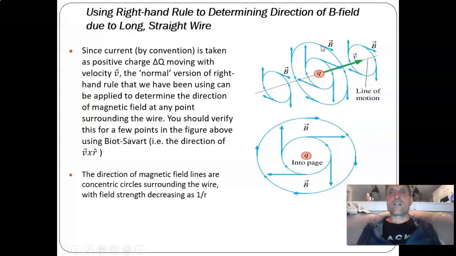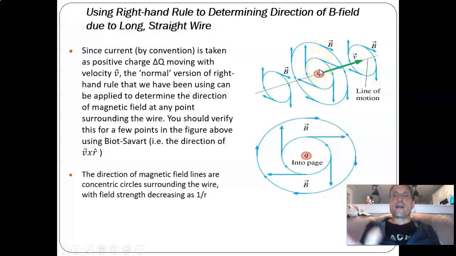So calculate the field at the point directly above the wire. Okay, so here V is going to the right, R is from Q to where we're evaluating the field, which means R points directly upward.